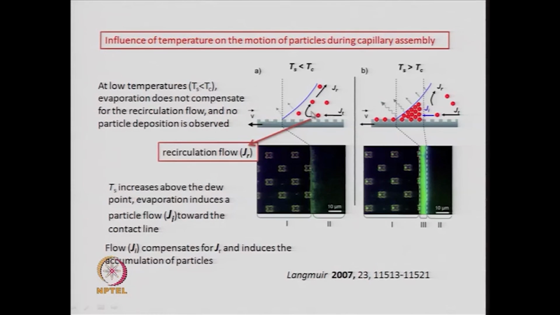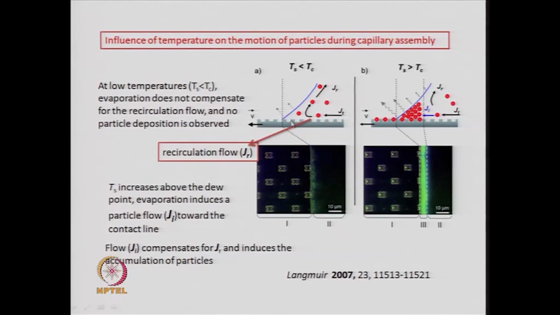There is a flow which is given by J. J_R is the recirculation flow, and if the substrate temperature is low, then the evaporation does not compensate for the recirculation flow and you cannot have any particle deposition. This is the contact line, this is the real picture and this is a schematic diagram.